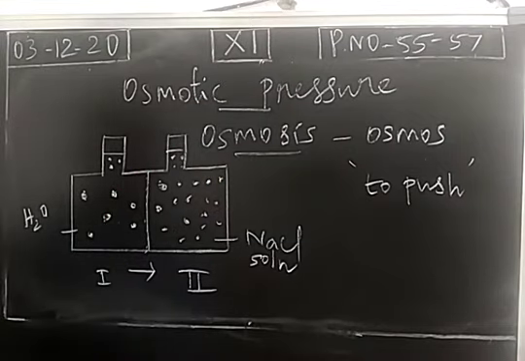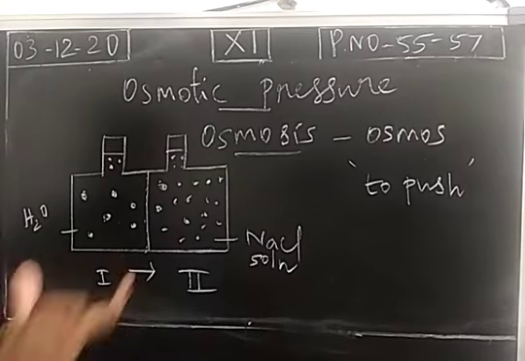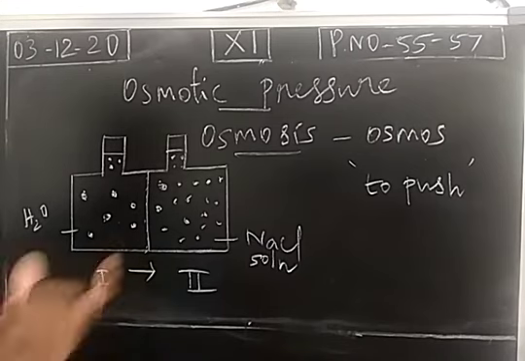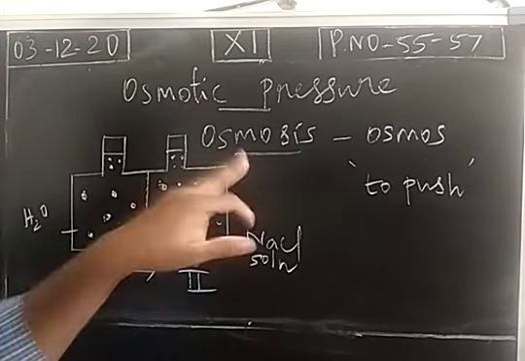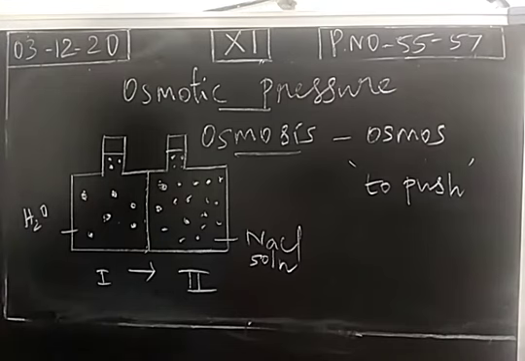Okay. So if the volume is equal and there is equal pressure, it means equilibrium will exist. Due to the movement of solvent because of osmosis, volume is increased in the second compartment, there is a pressure difference, so equilibrium is disturbed. To attain the equilibrium, we have to apply pressure on this side.